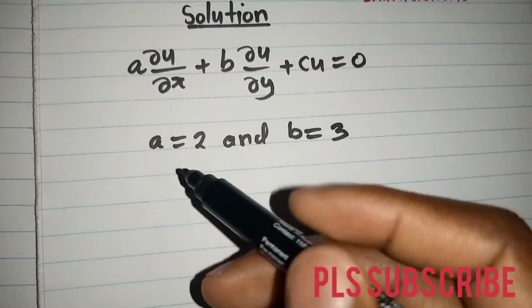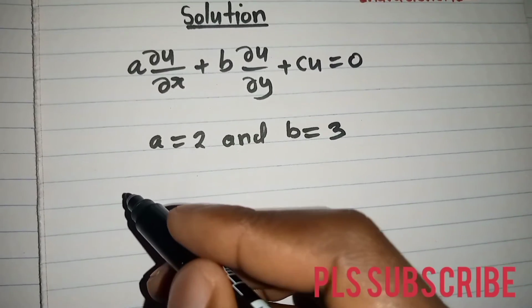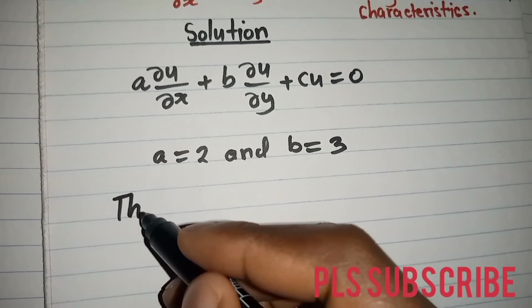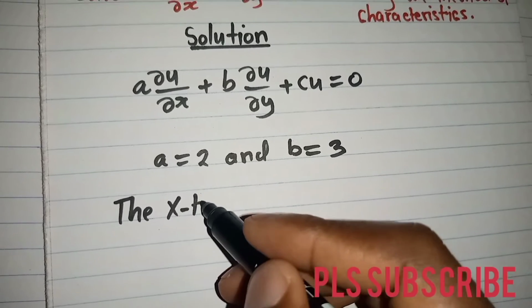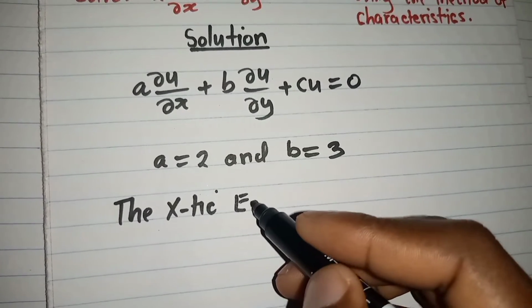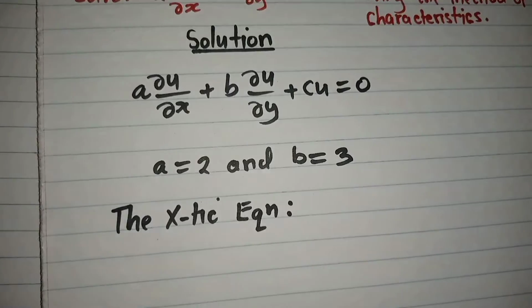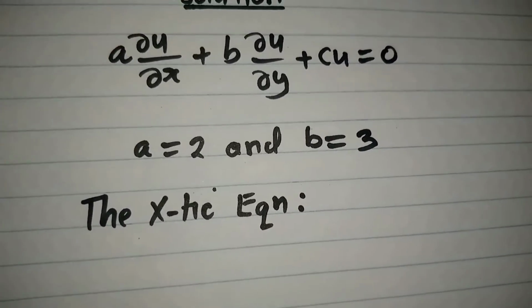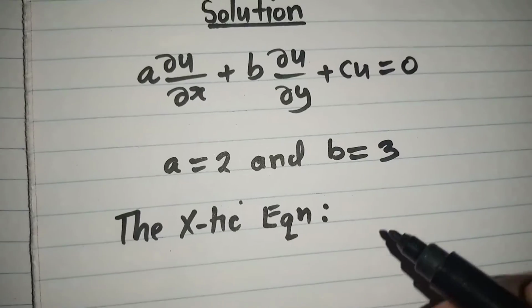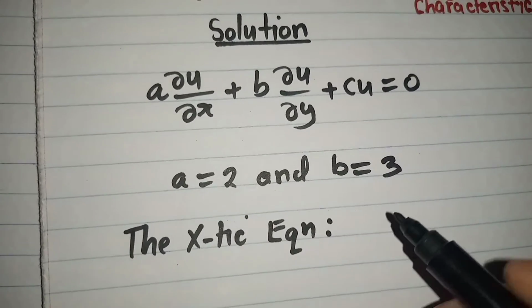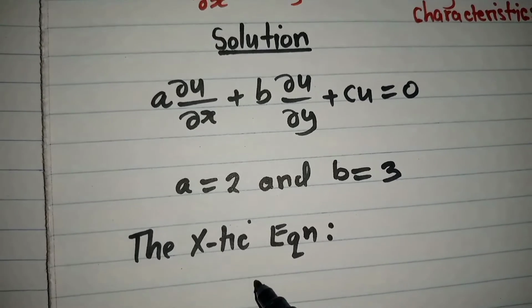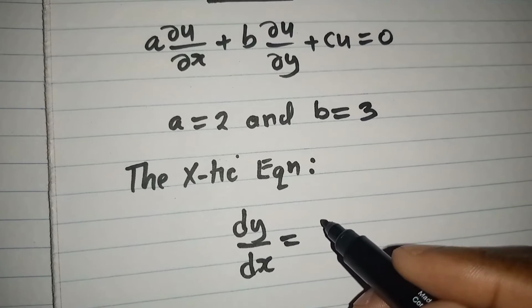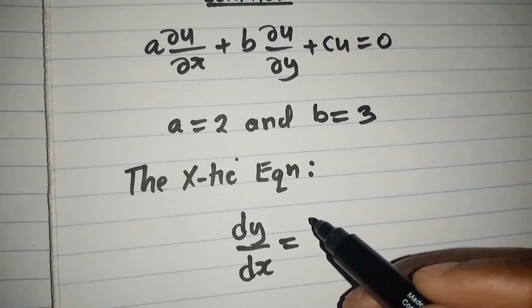Now we are going to begin by writing our characteristic equation, and it is given by dy over dx is equal to b over a.